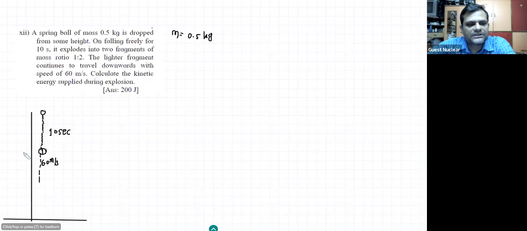So let us consider this point of explosion as P, and this point as A. From A to P the body obeys free fall under gravity, because of which we can ask what will be the speed attained by the body after 10 seconds.